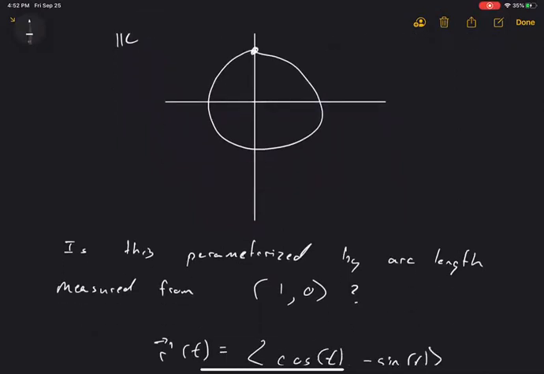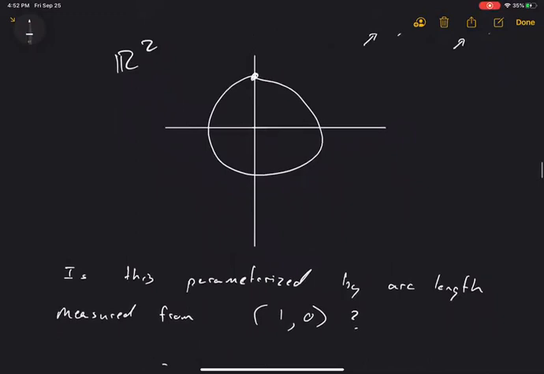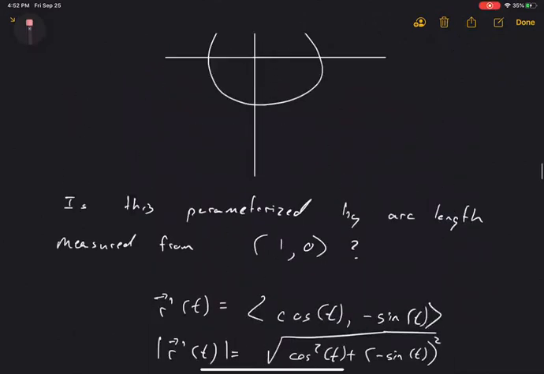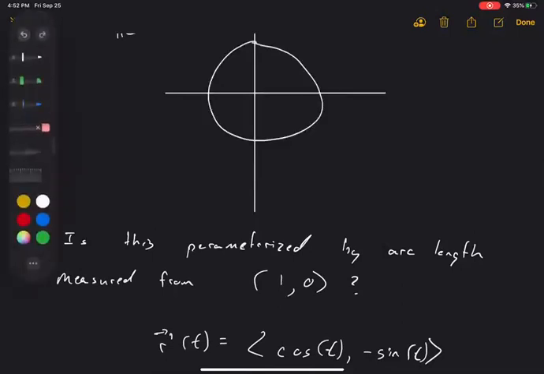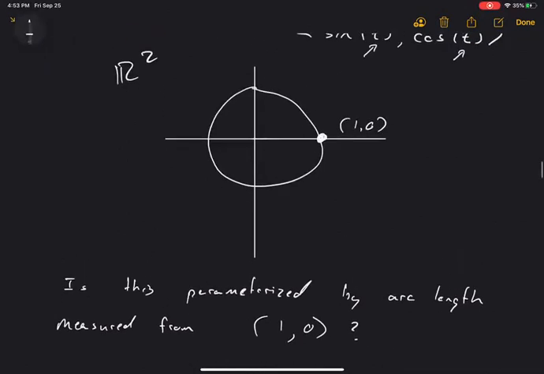And let's say I'm measuring arc length from here, 1, 0. So r of t is giving me points along my curve. Maybe at t equals 5, I'm here, etc. Maybe not, maybe I'm at some different point. You get the idea. But we would like to know, is that t the arc length from here to wherever I'm at?